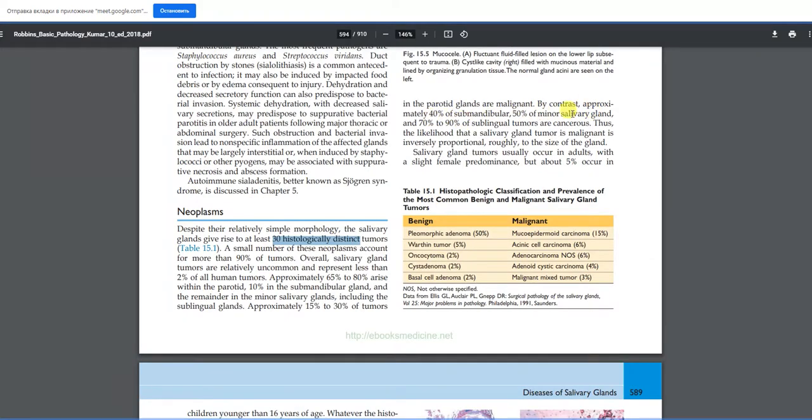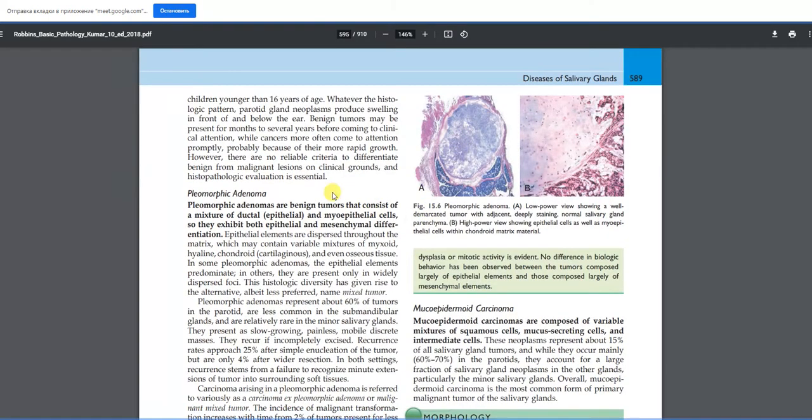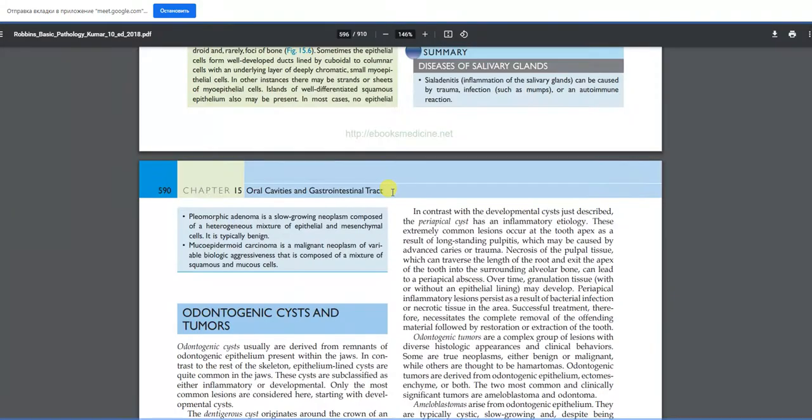So approximately 40% of submandibular gland tumors, 50% of minor salivary gland tumors, and 70 to 90% of sublingual tumors are cancerous. In parotid glands, 15% to 30% of tumors are malignant. Okay, the different types of adenoma are okay, just let's keep it.